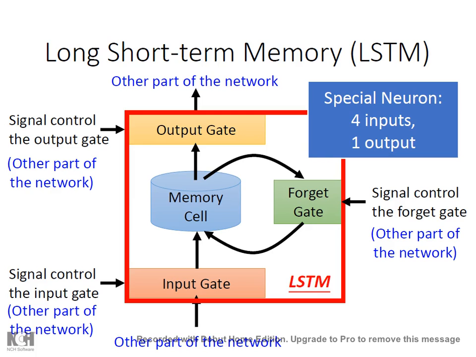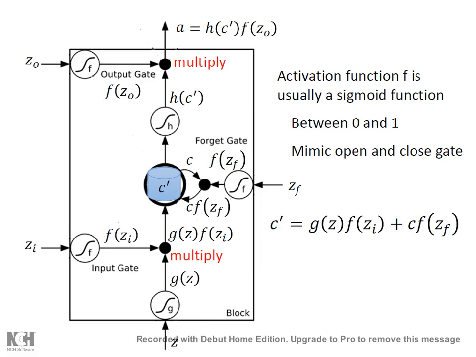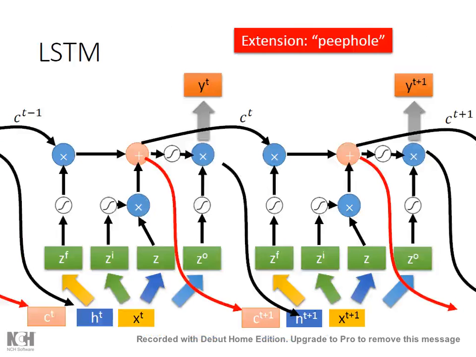If you forget this, the memory should not be output, should not be used as the input. So there is a very interesting technique in LSTM. I leave this part for our smart students.